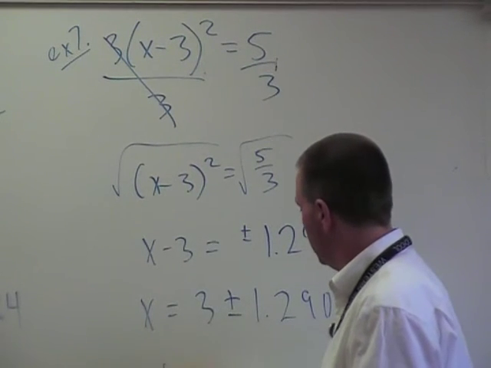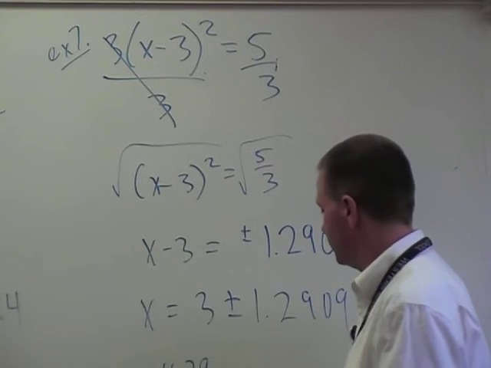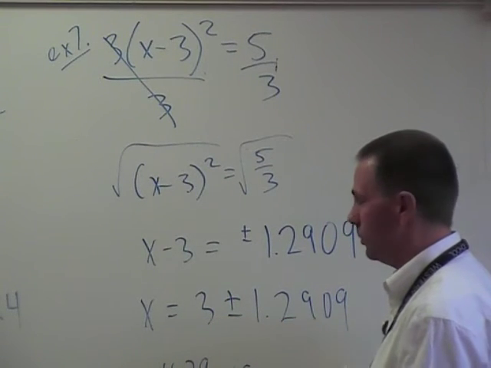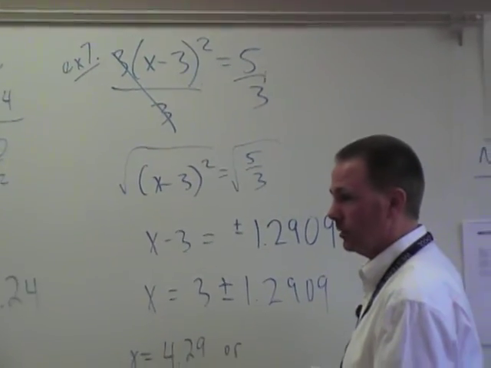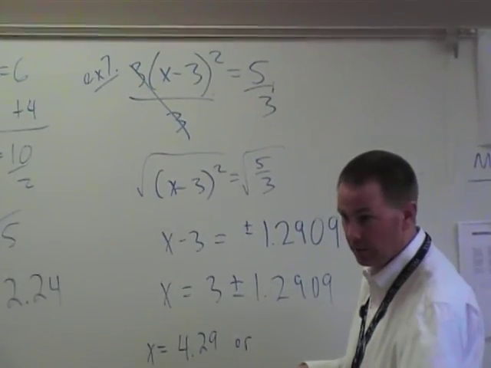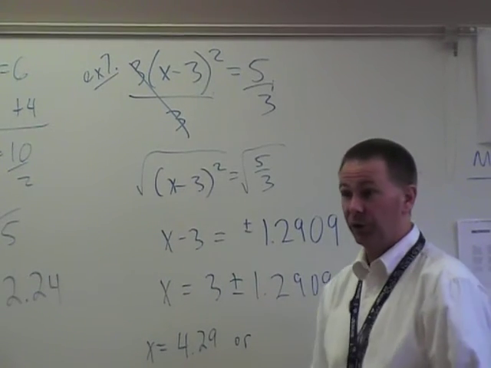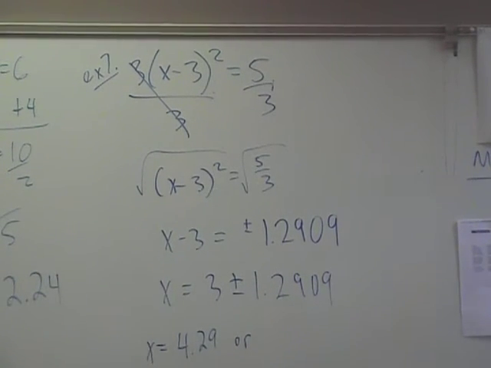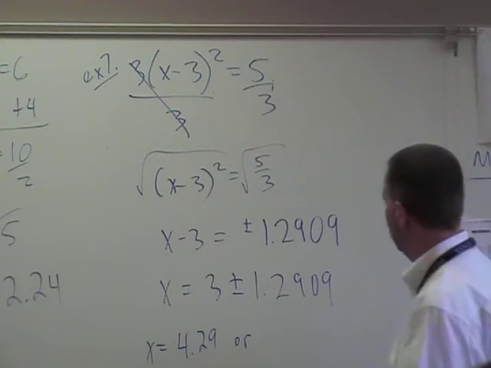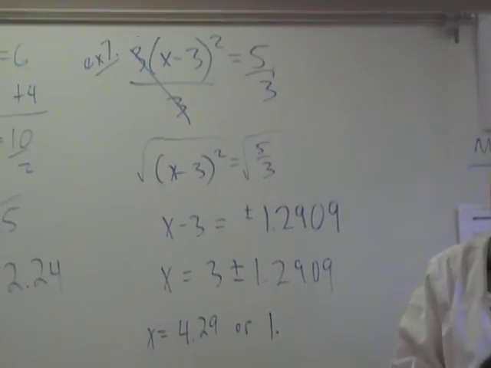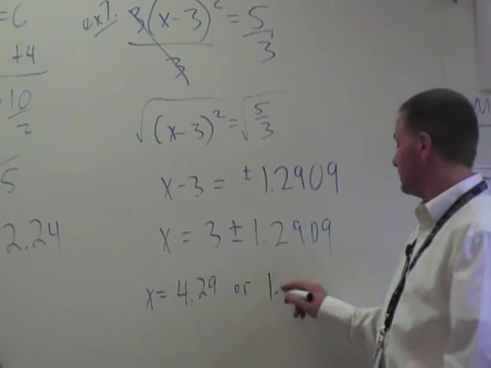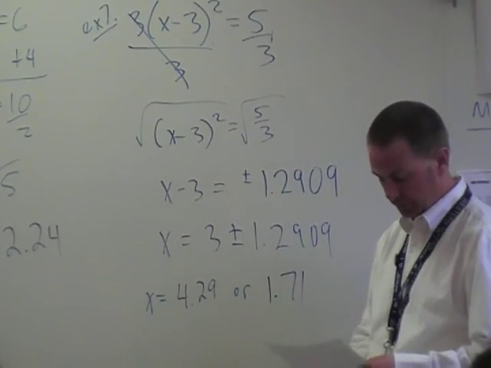So x is either 4.29 or 3 minus 1.29, which is 1.71. Those are your answers.